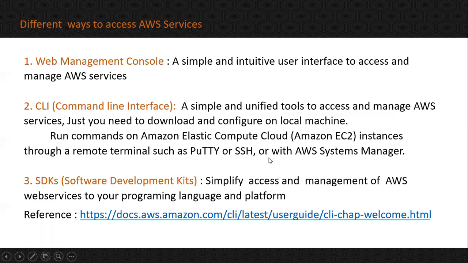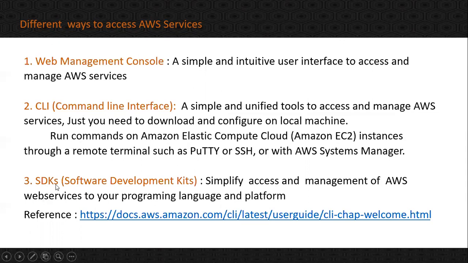I will install all the different software required on the EC2 instance, then host one simple example application on that EC2 instance and access our application. So in this series I will be using the web management console and a remote terminal like PuTTY or Git Bash instead of the AWS CLI.